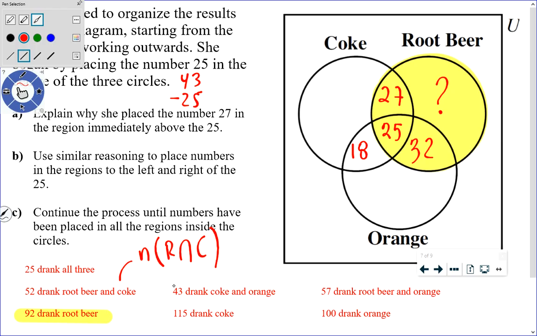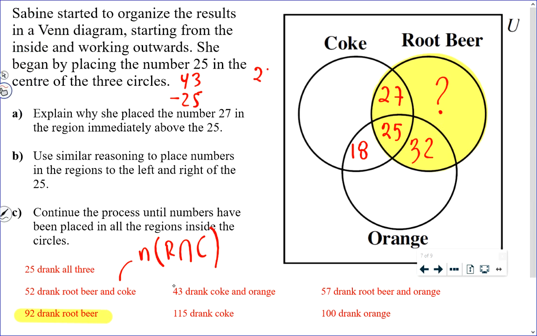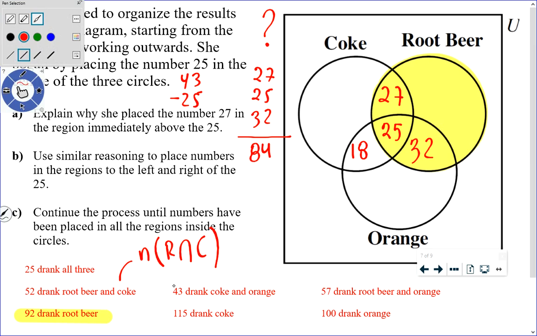Well, you can use a calculator. I'm going to add the 27, the 25, and the 32. 27 plus 25 plus 32 gives me 84, I believe. I'm just going to double check. 84. So if I need 92, I can take 92 minus 84, and I believe that's 8.